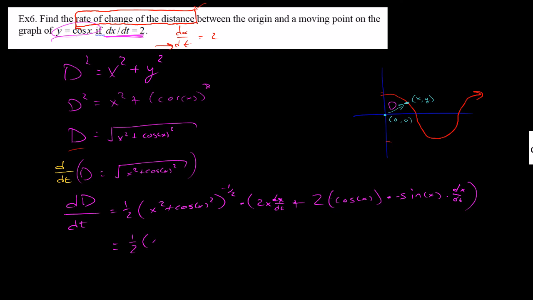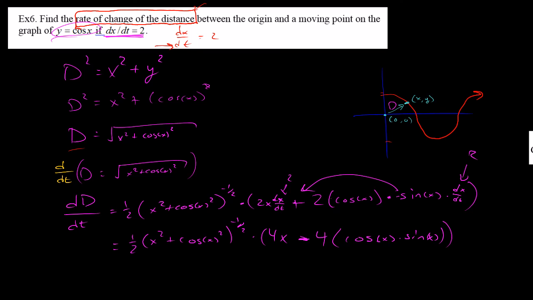So we got 1/2 times x squared plus cosine x squared to the -1/2 times 2x times, this is replaced with 2, so we're gonna back up and make this a 4, because we have 4x plus, we know this one's a 2, so we're gonna make this a 4 cosine x times sine x, and we'll just change our addition to a subtraction because we got a negative sign back there. Right, negative makes that negative.